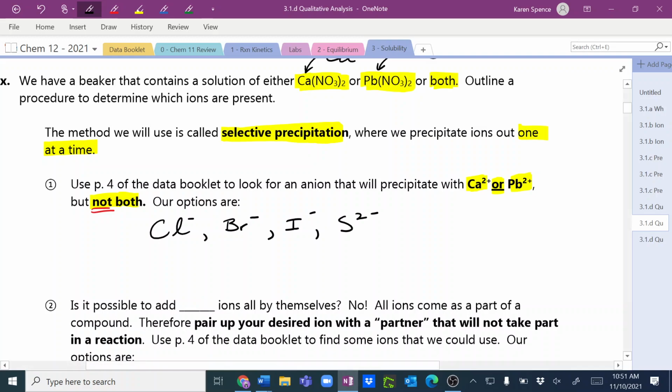We need to pick one. And I'm gonna pick chloride because it's probably the most common ion and it's really easily available, okay? But you could choose any one you want to. Let's pick chloride.